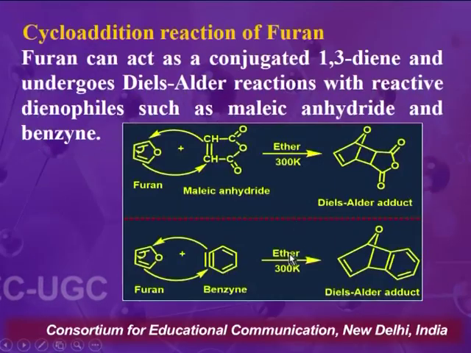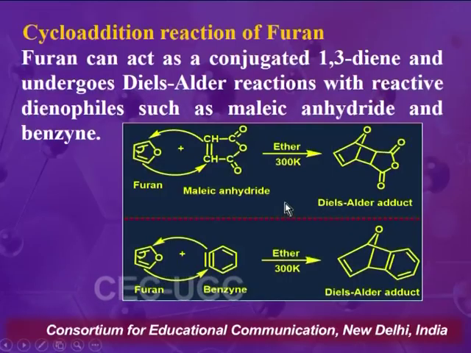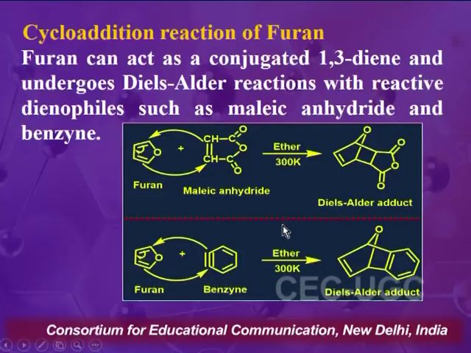Then the next reaction of furan is cycloaddition reaction. So this is one of the most beautiful reactions of furan, because furan behaves as an aromatic compound as well as it behaves as a diene-like system.